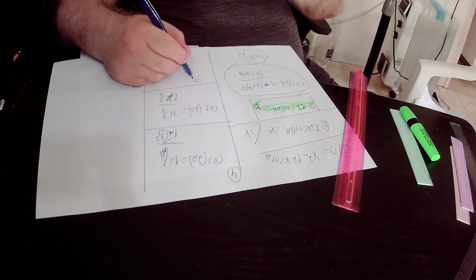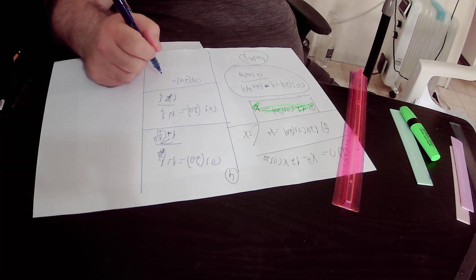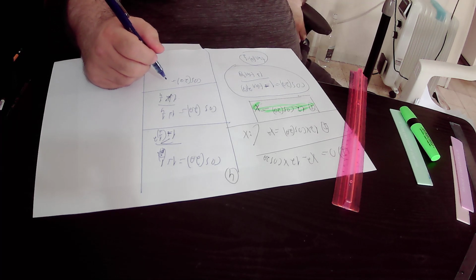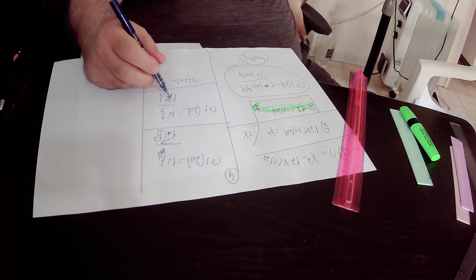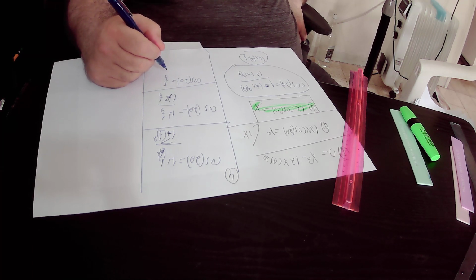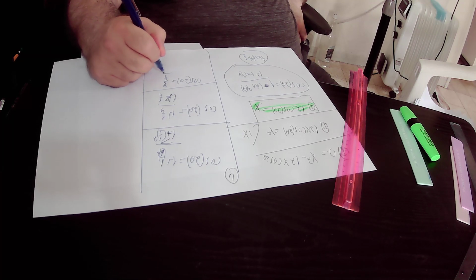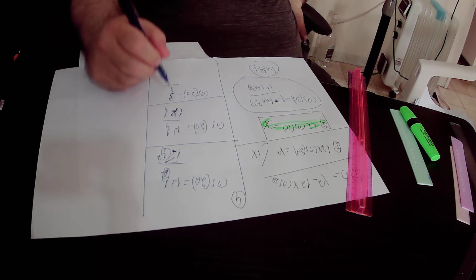cosine 2 theta equals 1 minus 1/4 is 3/4 over 1 plus 1/4 is 5/4.